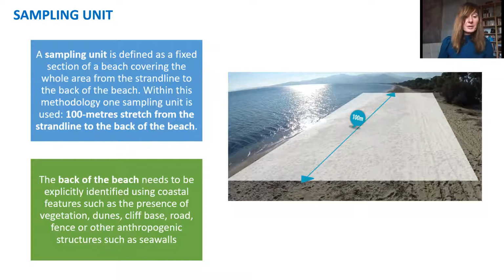The back of the beach needs to be explicitly identified using coastal features such as the presence of vegetation, dunes, cliffs, a road or a fence, or any other anthropogenic structures such as seawalls.